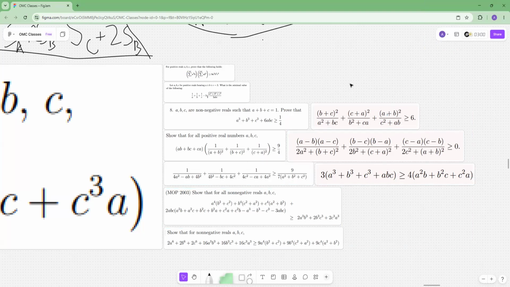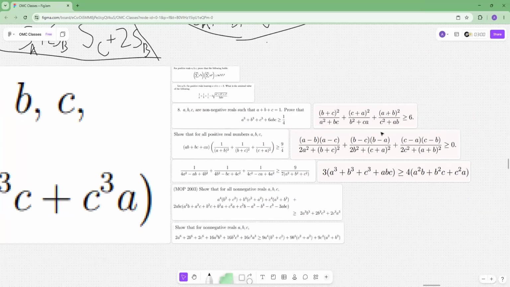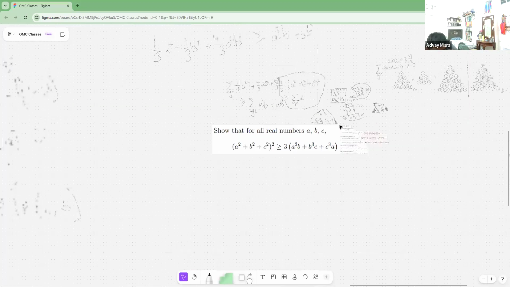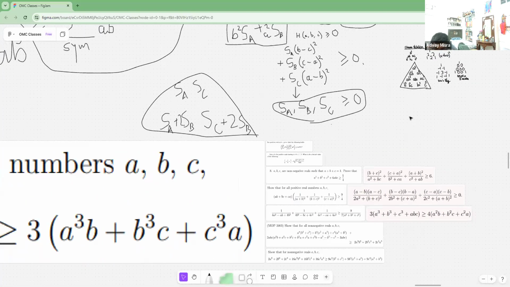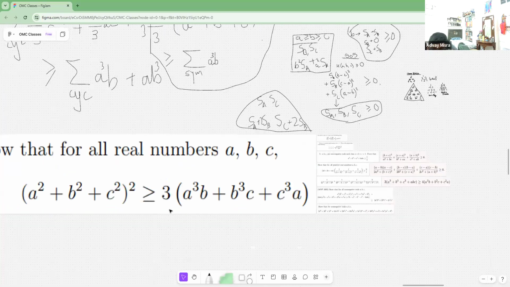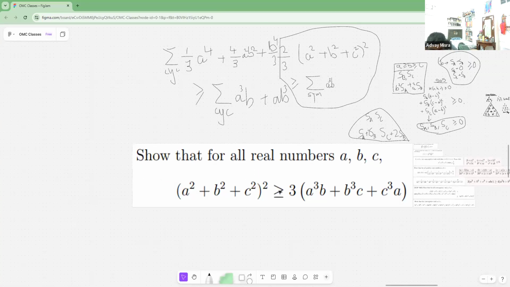I got these from various places, mostly just scrolling through AoPS, and a few are from a handout I have.